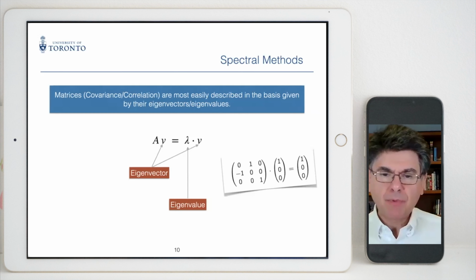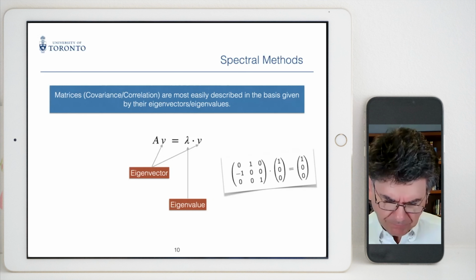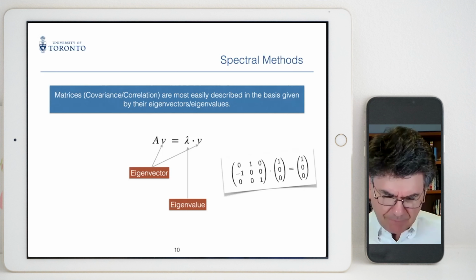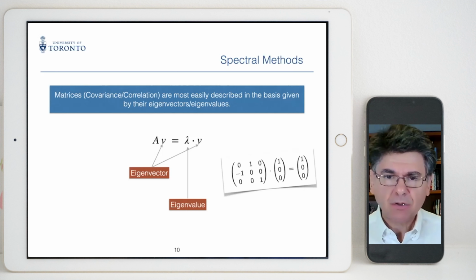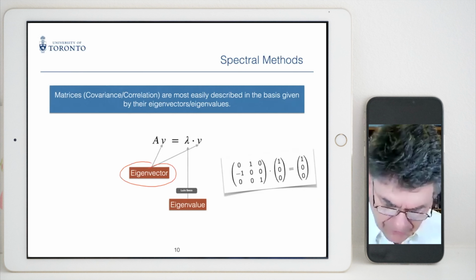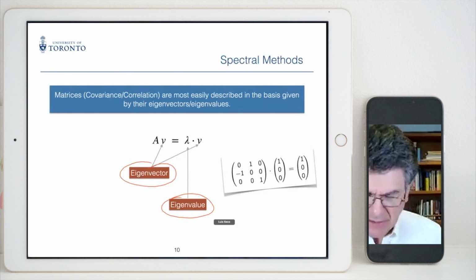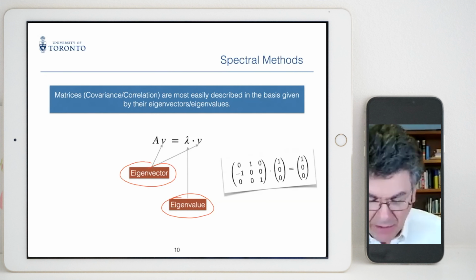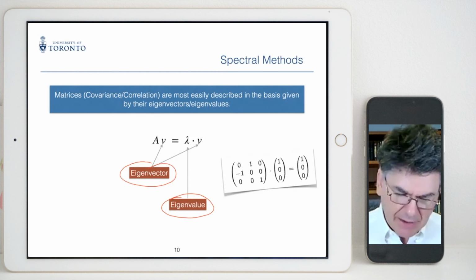Now, you may know, I don't know if you know this, I'm going to ask you, but there is the theory of eigenvectors and eigenvalues that has as a consequence that I can always find a basis under which the matrix is going to be diagonal in this form.